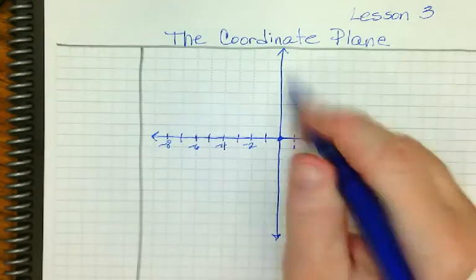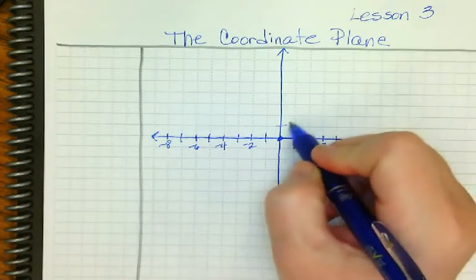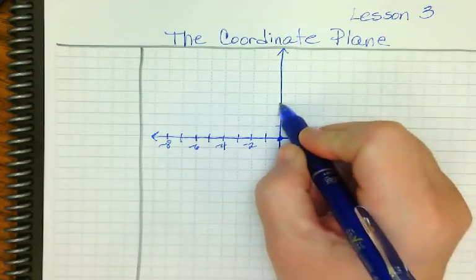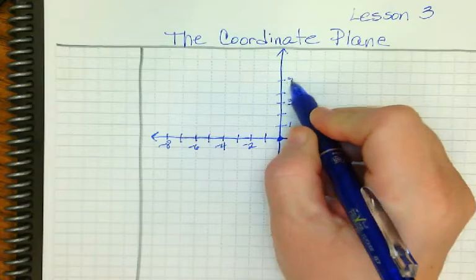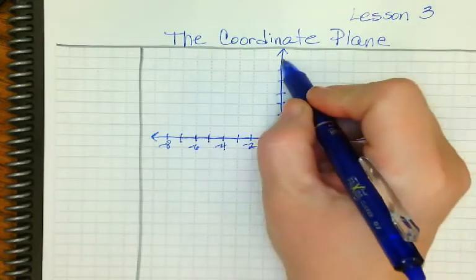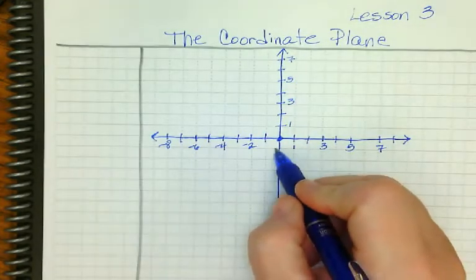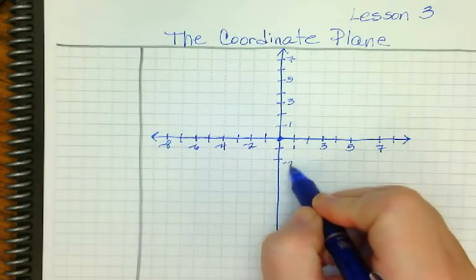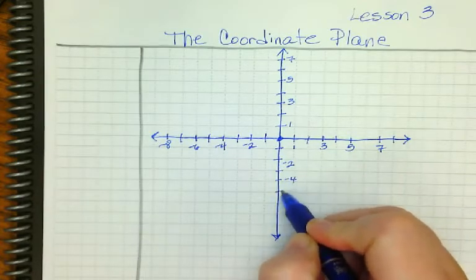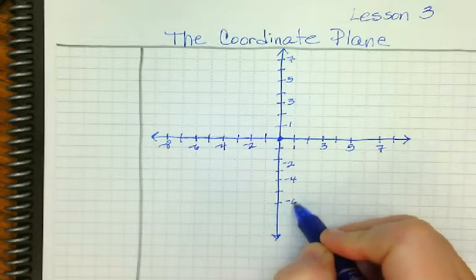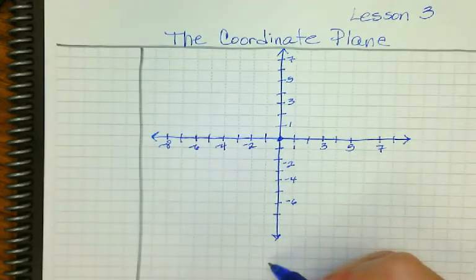And then we've got our vertical. We've got 1, 2, 3, 4, 5, 6, and 7, and so on. And here we've got negative 1, negative 2, negative 3, negative 4, negative 5, negative 6, negative 7, and so on and so forth.